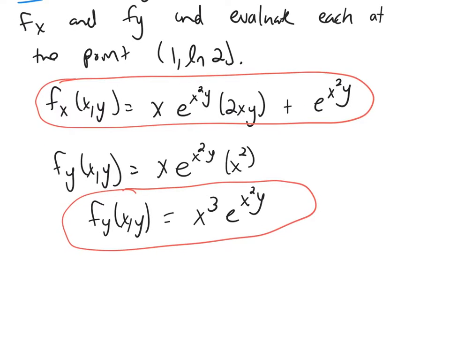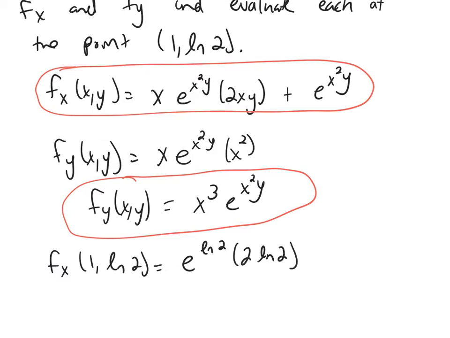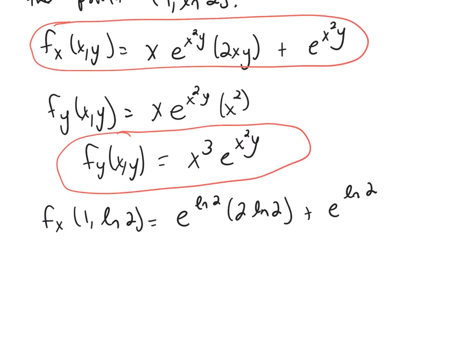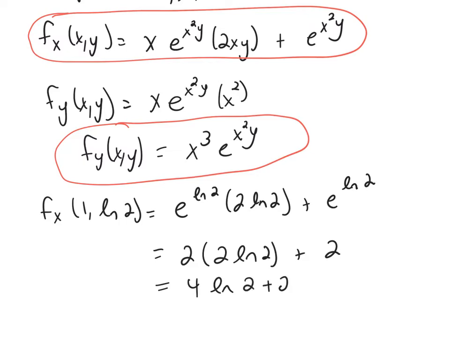So there's fy, and now I wanted to evaluate both of these at my point 1, ln 2, so you're going to plug that in, e to the ln 2 times 2 ln 2 plus e to the ln 2, but e to the ln 2, the e's and the ln's essentially cancel, so this is just going to be 2 ln 2 plus 2, or 4 ln 2 plus 2.